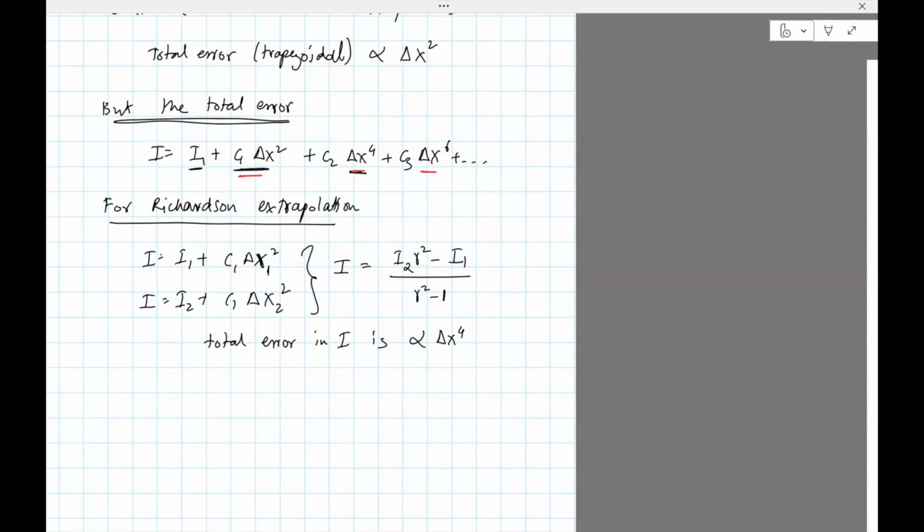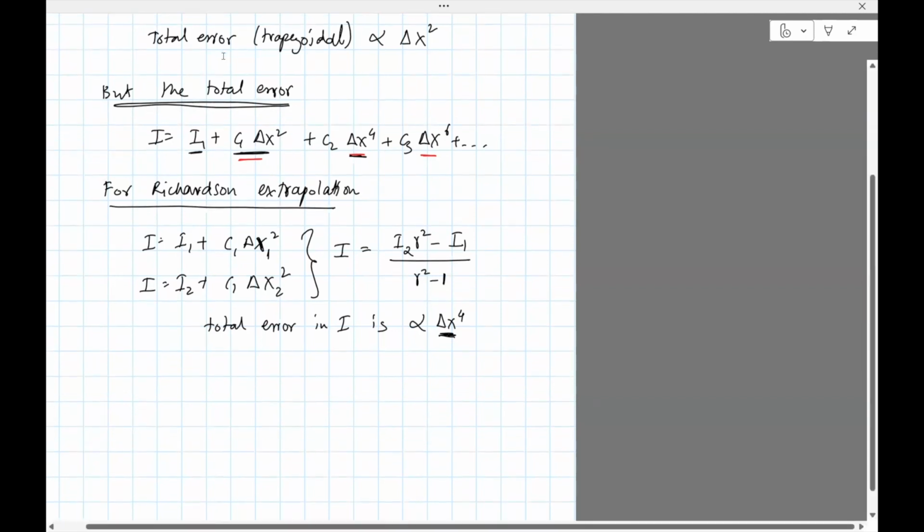Now the question is, can we get an even more accurate solution by using Richardson extrapolation recursively? That is, trapezoidal has an error of delta x square. Richardson gave us delta x to 4, but can we now start doing this trick again?